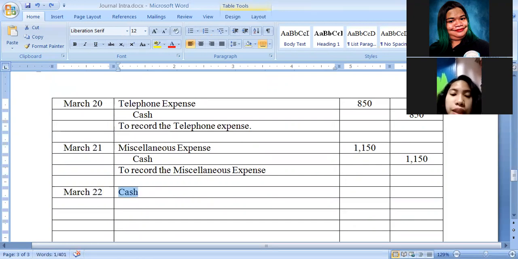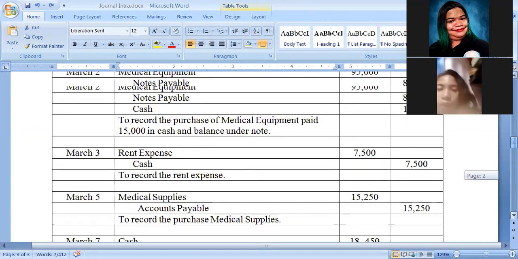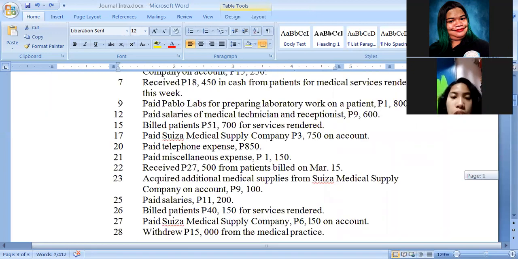Then atong debit kay cash kay kita may naka-receive, so ito ibutang with the same amount of 27,500 and with the credit of accounts receivable with the same amount of 27,500. It is to record the payments received from March 15. Now, let's proceed on March 23.